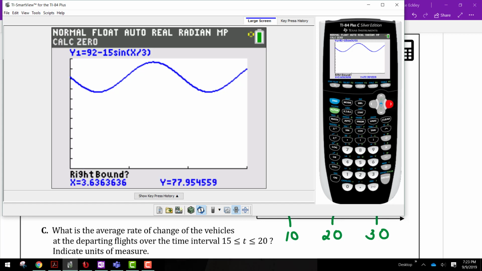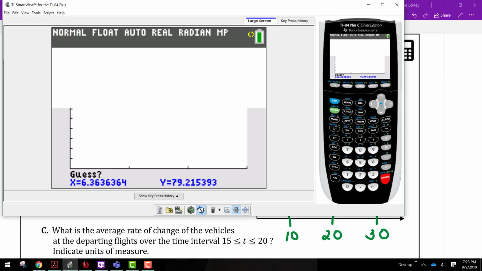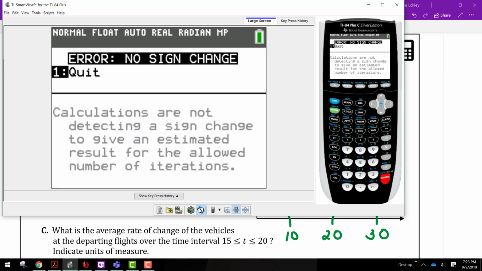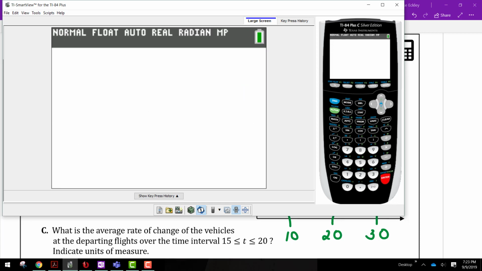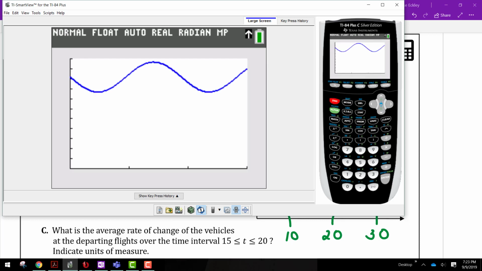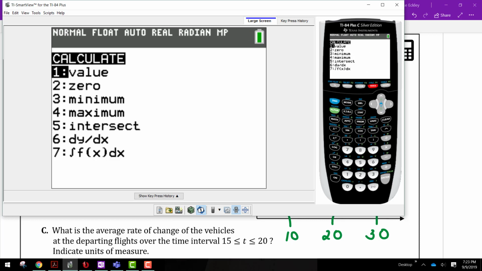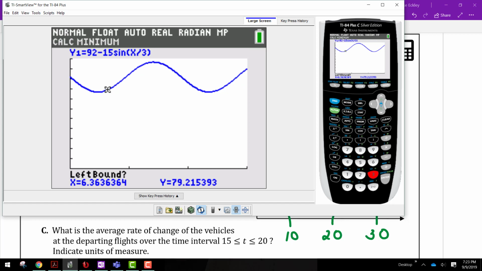And then you want to make sure you go past the bottom here. I didn't want 0, but I think I'm going to get an error message because I wanted the minimum. Yep, that's my fault. Sorry about that. So we're going to hit second trace, and we're going to choose minimum. So let's try that again.